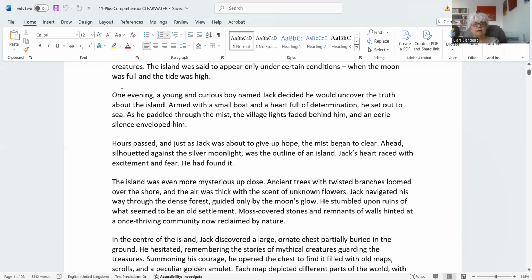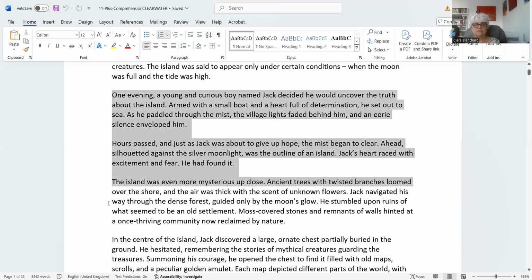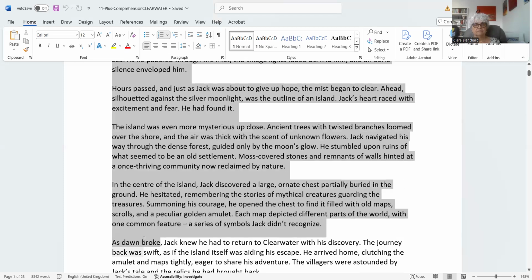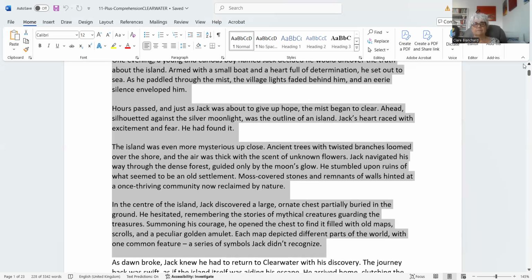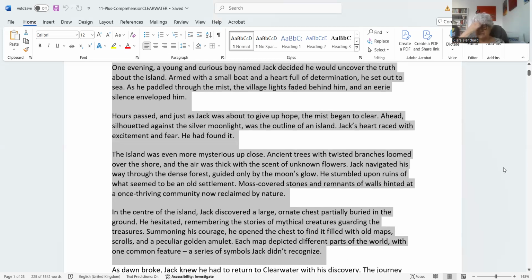So we're looking at the passage describing Jack's journey, which is what I've just highlighted here. So first of all, when you've decided which part of the text is relevant to your answer, you could mark it with a pencil on your exam paper.